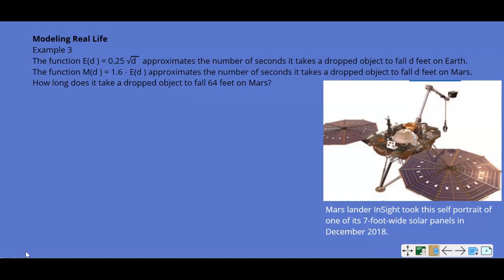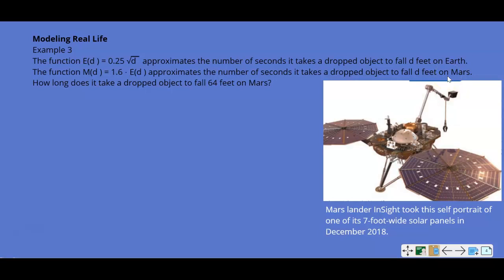All right, so the first thing we know is that we're given two different functions, and they represent the number of seconds it takes. The first one, E(d), for an object to fall d feet on Earth. And the second function approximates the number of seconds it takes for an object to fall d feet on Mars.